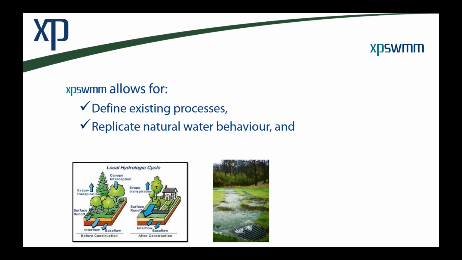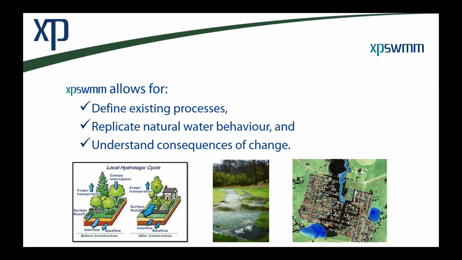Define the existing process, replicate that natural hydraulic behavior, and ultimately understand the consequences of change. So we'll see this image in the lower right, this urban flooding 1D, 2D model. We're seeing we made some kind of, on the shoulder of the site, made some detention storage. You'll see how much that reduced flooding in the urban area. That's the kind of stuff we're going to look at with XPSWMM.